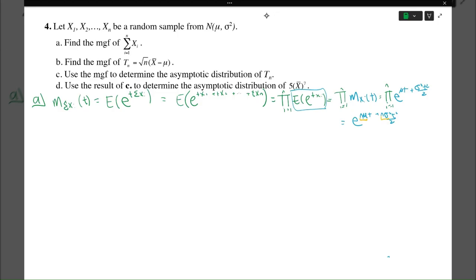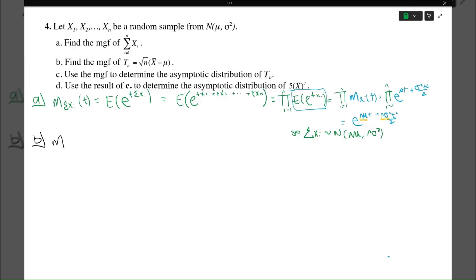Thus, our summation is normal with mean n mu and variance n sigma squared. That makes sense because normal distribution stays normal under linear transformations, and the mean and the variance are what you expect them to be for the summation of normals.